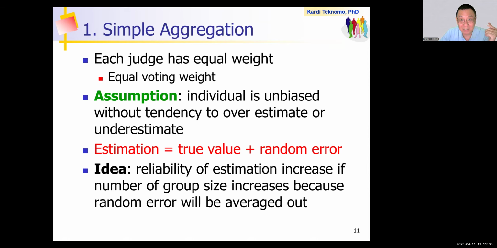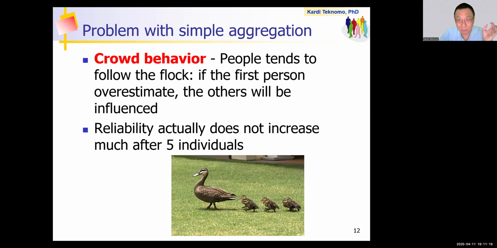So this is the idea, or the assumption, behind simple aggregation. Some say true, but there is some problem with simple aggregation. What is the problem? The problem is crowd behavior.